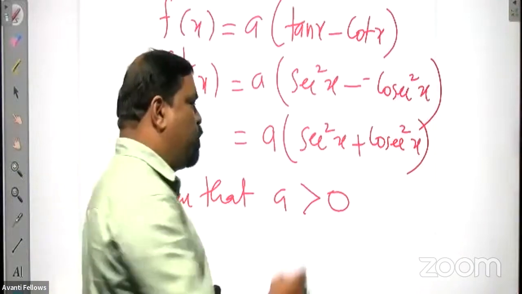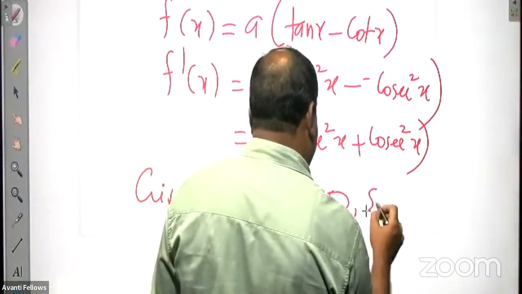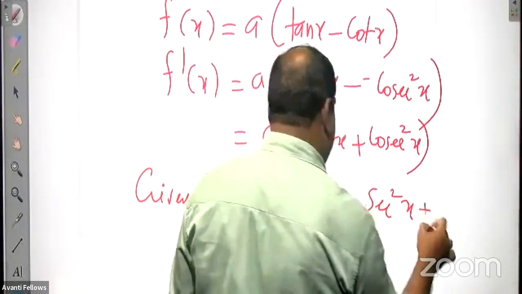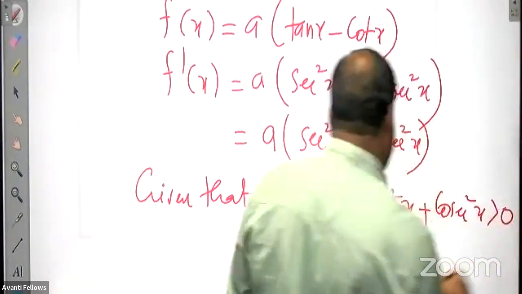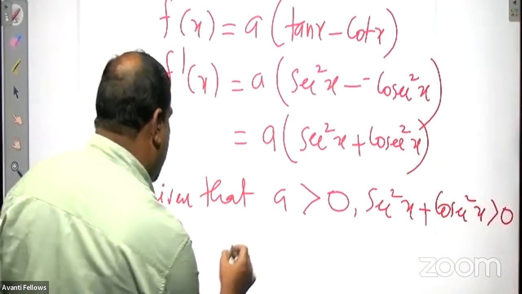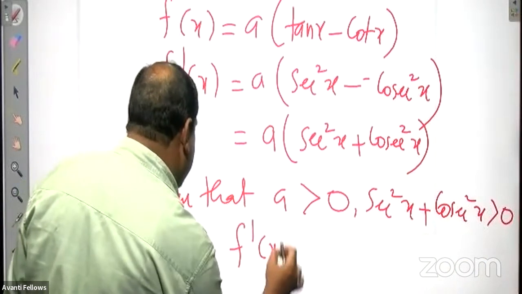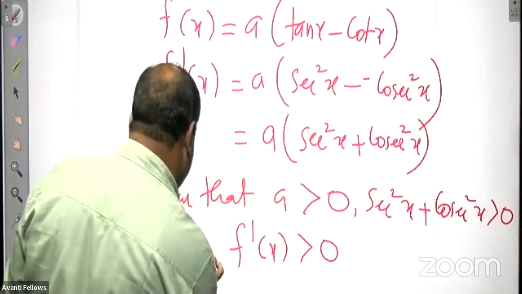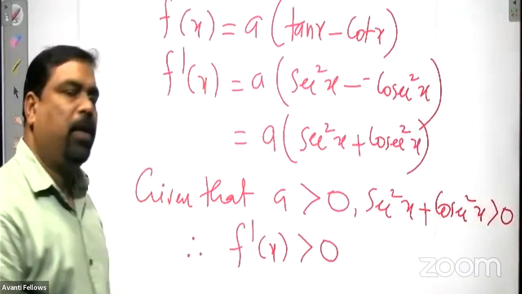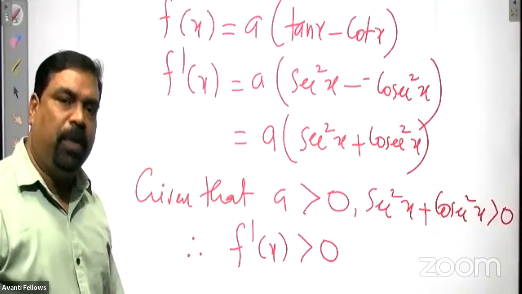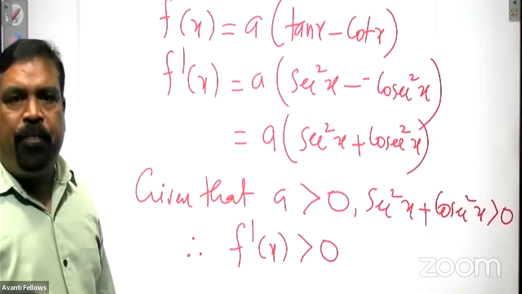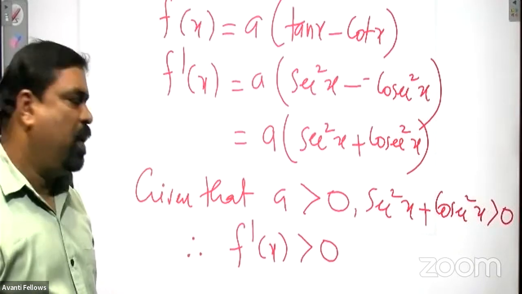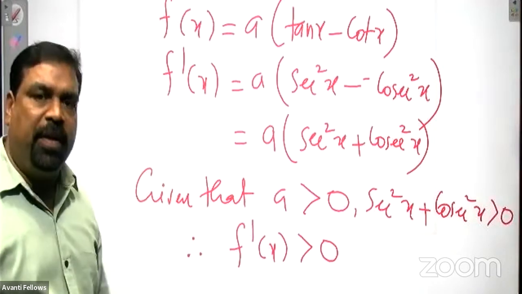So sec square x plus cosec square x is positive. That means f dash x is greater than 0, so it is a strictly increasing function. It is always strictly increasing.